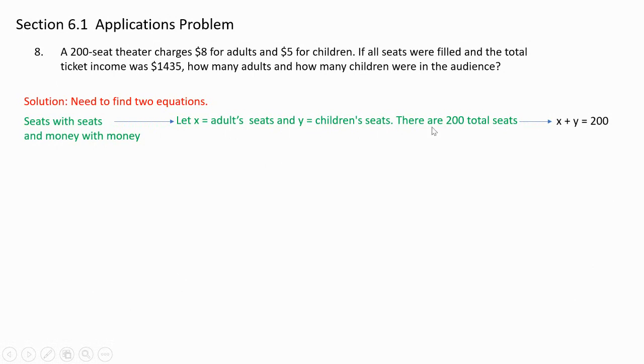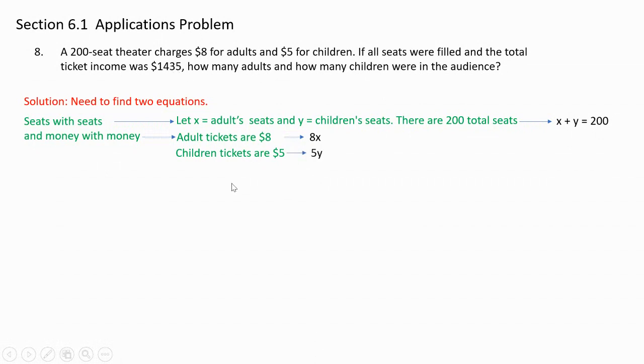That's my first equation. Now money with money, right? The adult tickets are $8, so they will be represented by 8x, because x is what we used for adult seats, and for the children's tickets we use y. So this will be 5y.